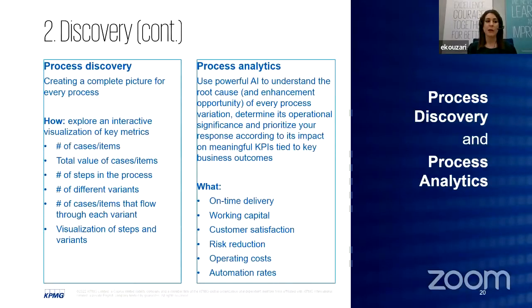They can highlight with red or yellow points that require attention instantly. They can calculate the amount of money or time that will be saved if some steps are automated or excluded from the process, in order to help us work on on-time delivery, working capital, customer satisfaction, automation rates, and so on.